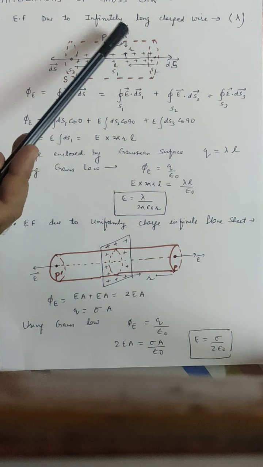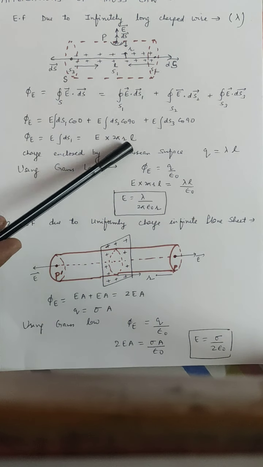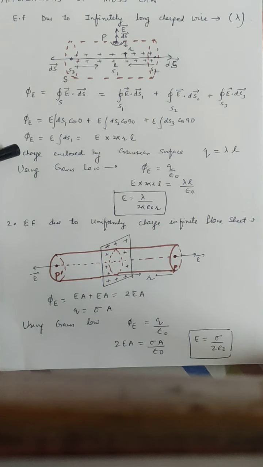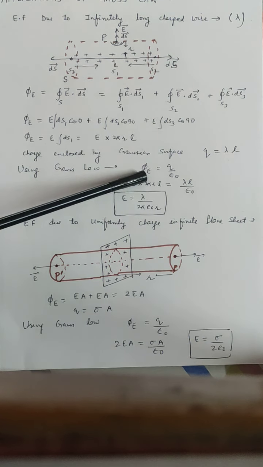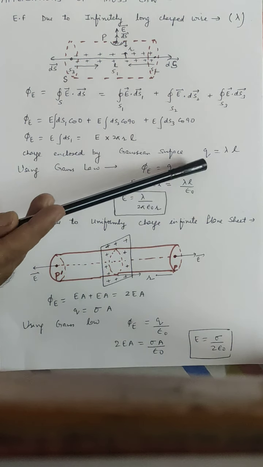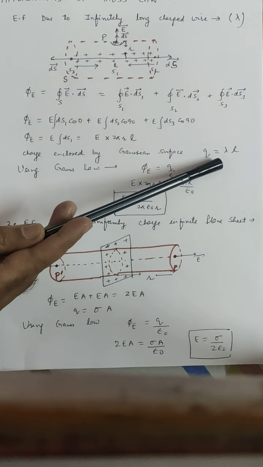Now here the integration of ds1 will be the curved surface area of the cylinder, which is 2 pi r into length L. Now according to Gauss law, the total flux is Q upon epsilon naught. As we know, Q is equal to lambda into L, where lambda is the linear charge density.